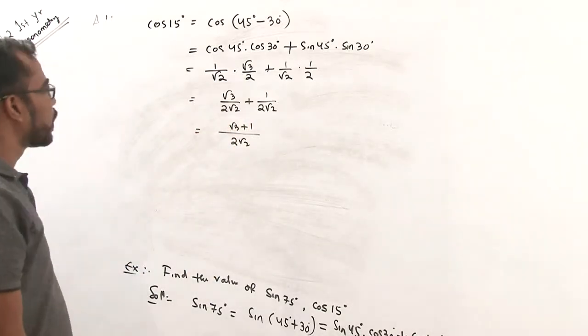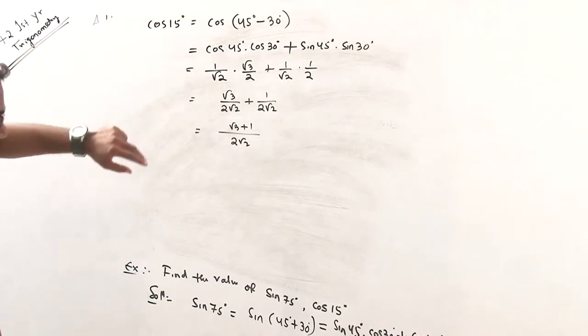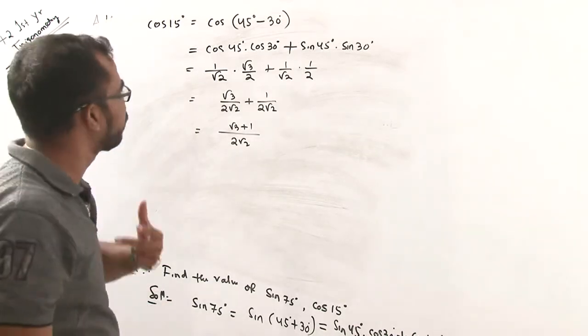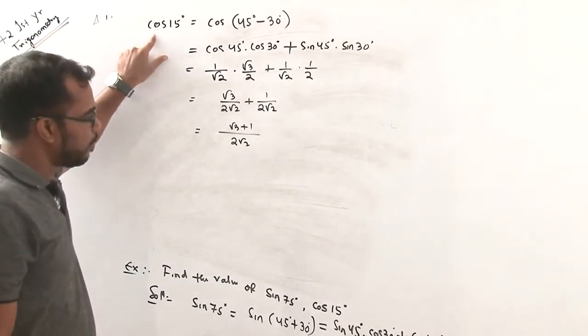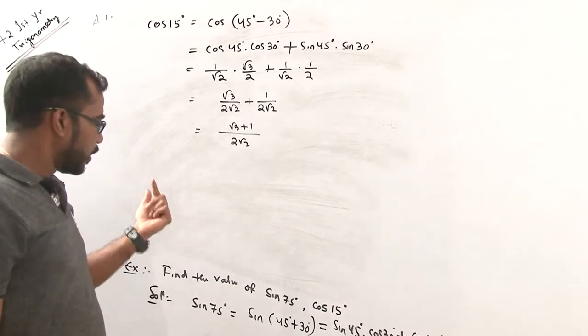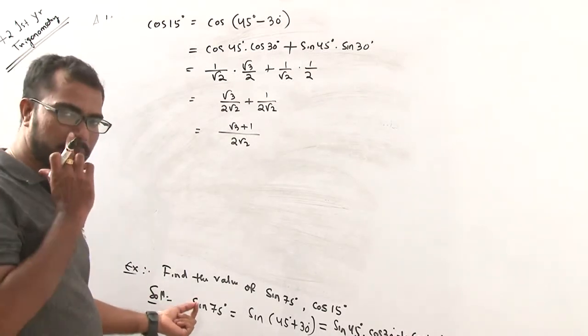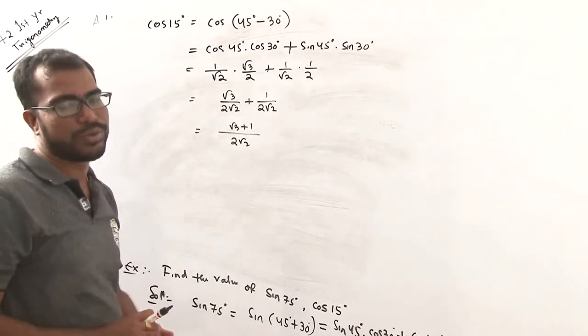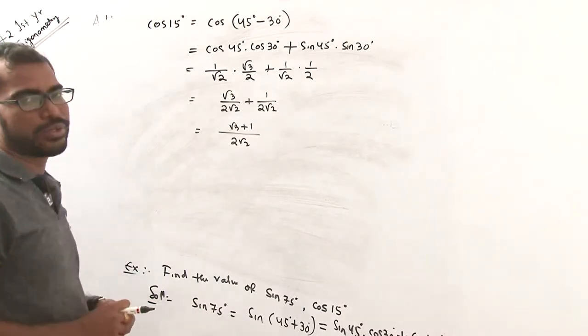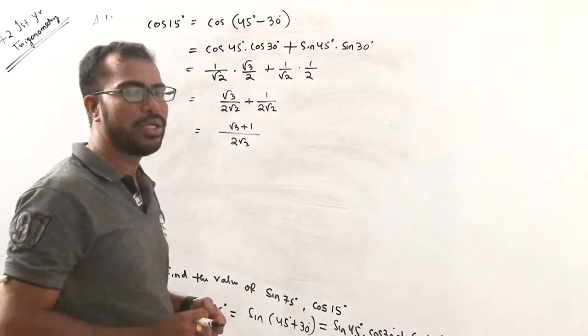Here you can see the value of sin 75 is same as cos 15, because both are the same. So we can calculate sin 75 degree is equal to root 3 plus 1 by 2 root 2, and cos 15 is also root 3 plus 1 by 2 root 2.